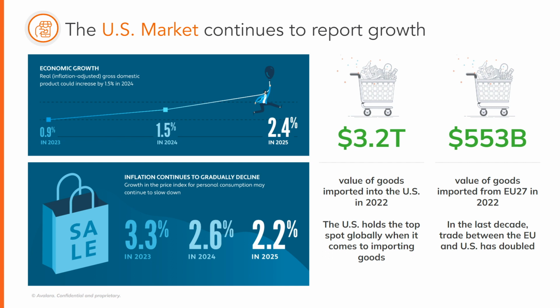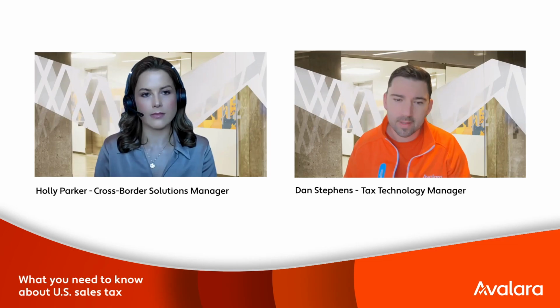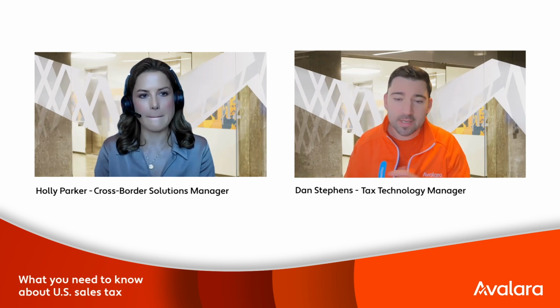So if you are a European business looking to sell into the US because of inflation in the EU, this adds another little dimension to it. And the US is also the largest goods importer globally. I think it's around $3.2 trillion worth of goods were imported in 2022 alone.